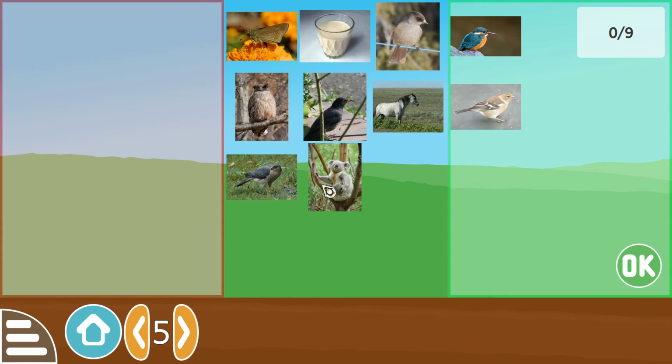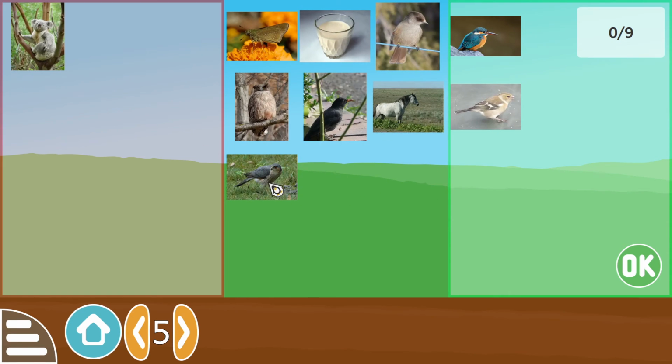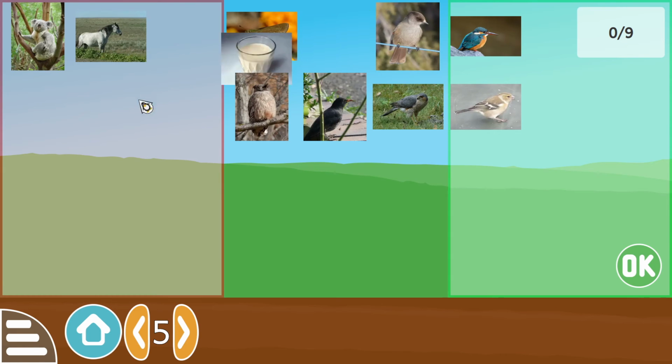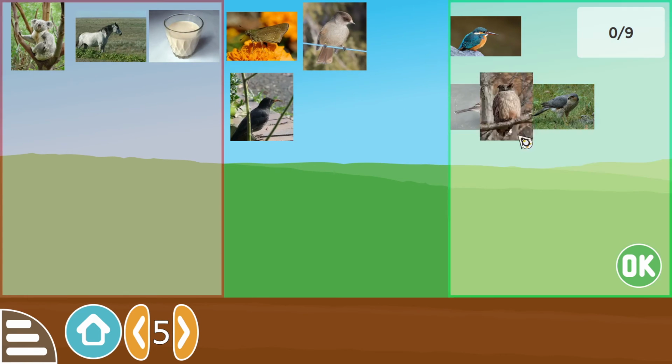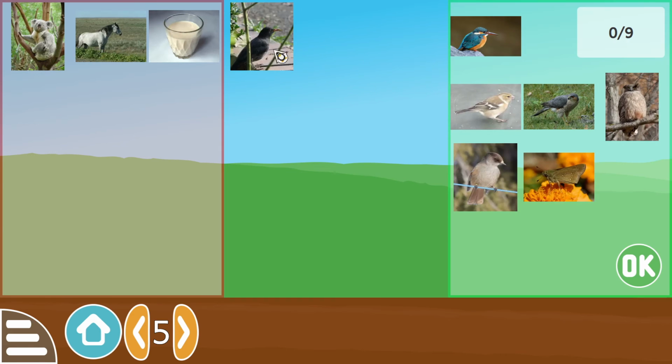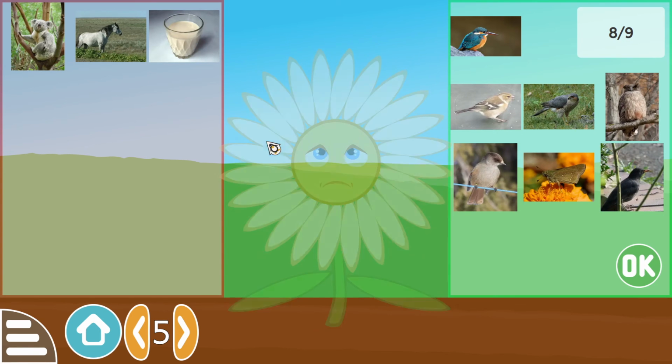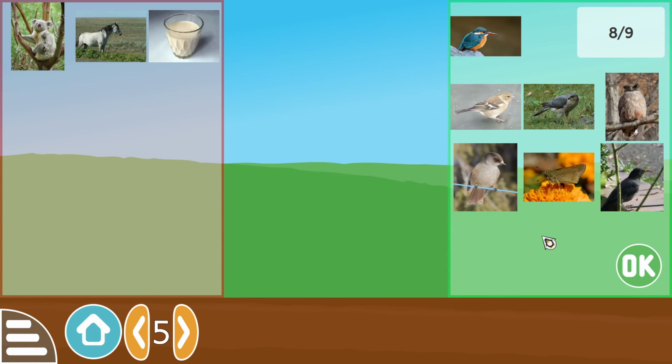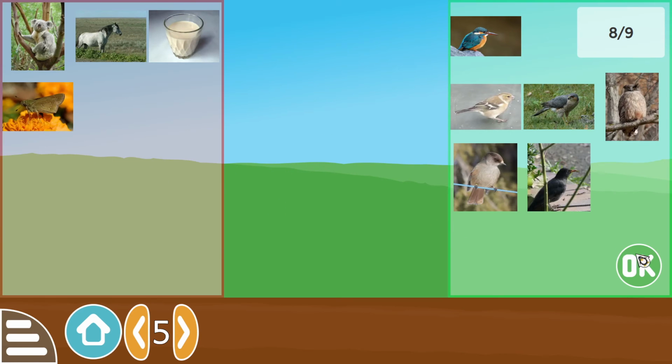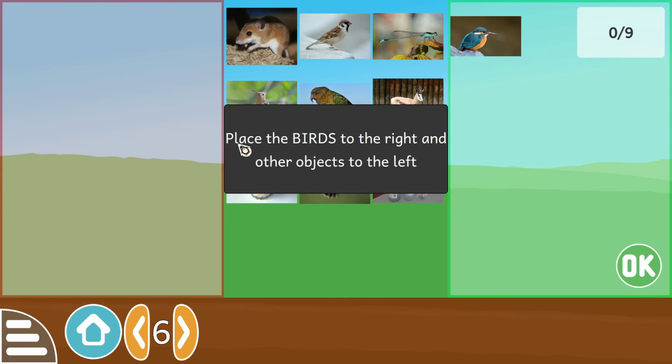So I've got a small bird, koala can't fly, horse can't fly, milk, but everything else should. Saying the moth. I'd have to disagree with that one. I think the moth. No, the moth is an insect.